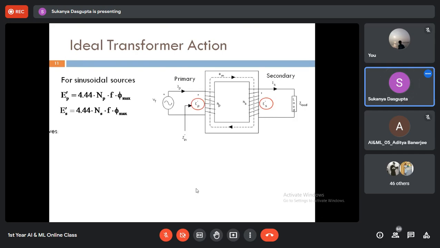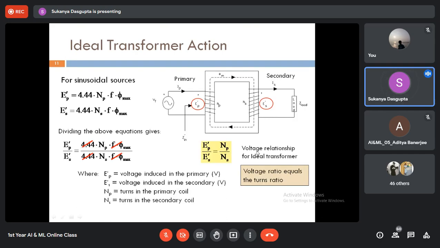If NP becomes higher, following this voltage relationship, EP dashed will become more. That means ES dashed will become less compared to EP dashed. So definitely EP dashed will be larger than ES dashed, representing that the secondary voltage is less. That means it's a step down transformer, right?